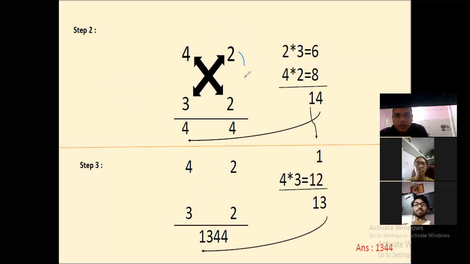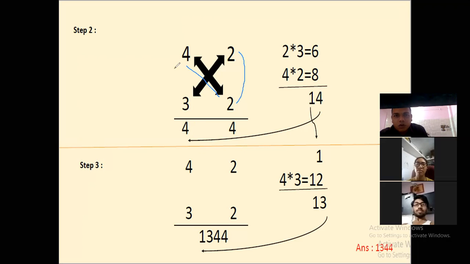We have done the multiplication of 2 into 2, so 2 into 2 we have written 4. Then we will multiply 2 into 3. So 2 into 3 is 6. And then we will multiply 4 into 2. Now 4 into 2 is 8. Addition becomes 14. So this 4 is written here.